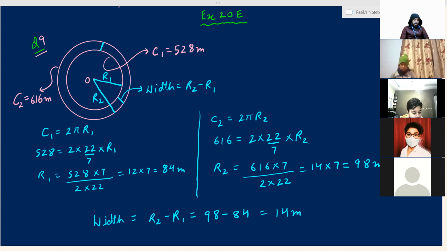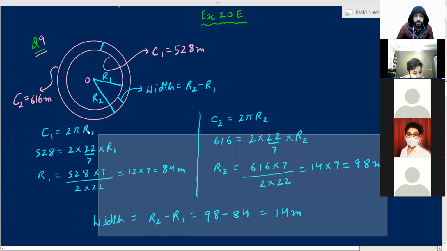This will give the radius of the outer circle. Then the circumference of the outer circle, 2 pi r. Then we will find the total cost: circumference multiplied by the per meter cost. Very good. Correct.